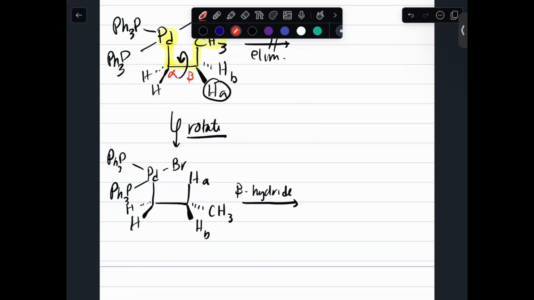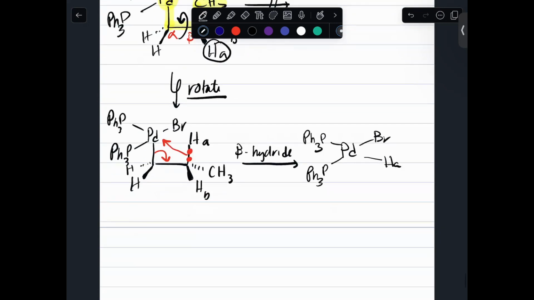Now I can do my beta hydride elimination. Again, it's the electrons that attack the palladium. I now have my palladium complex with the HA and my alkene. And I'm done.